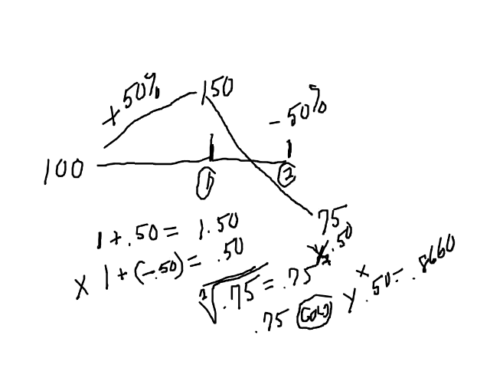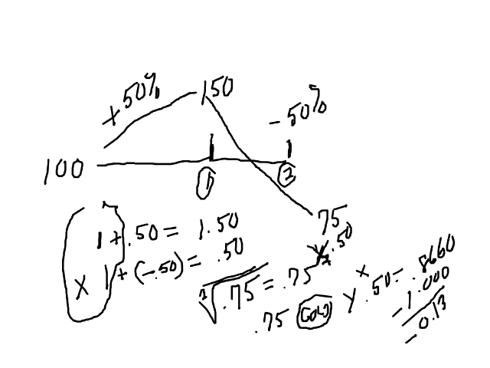You have to remember that since you did this 1 plus the return over here, you must subtract 1 from that number. And you come up with a negative 0.134.